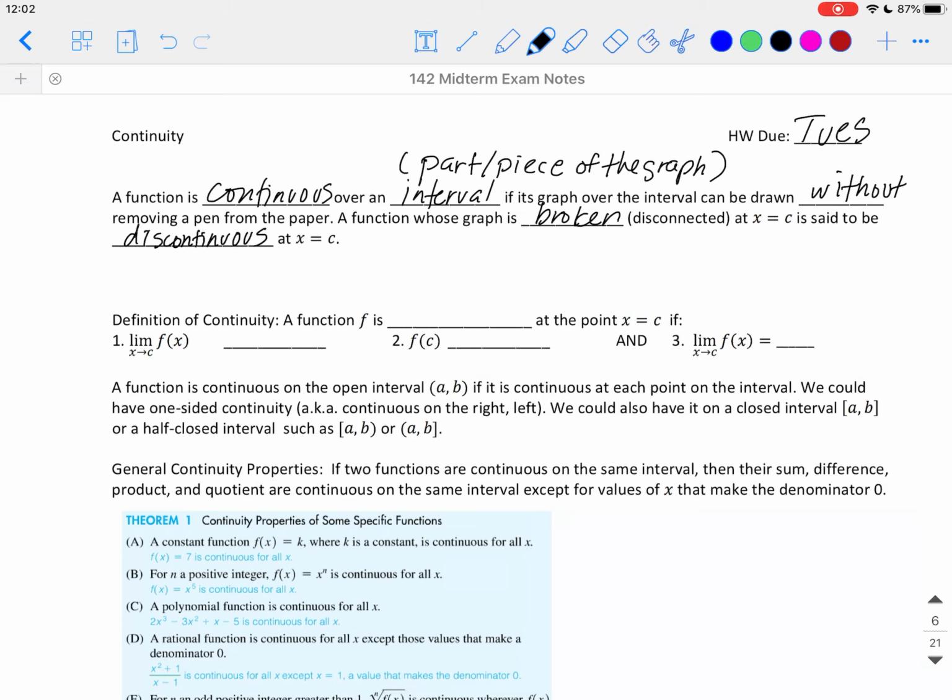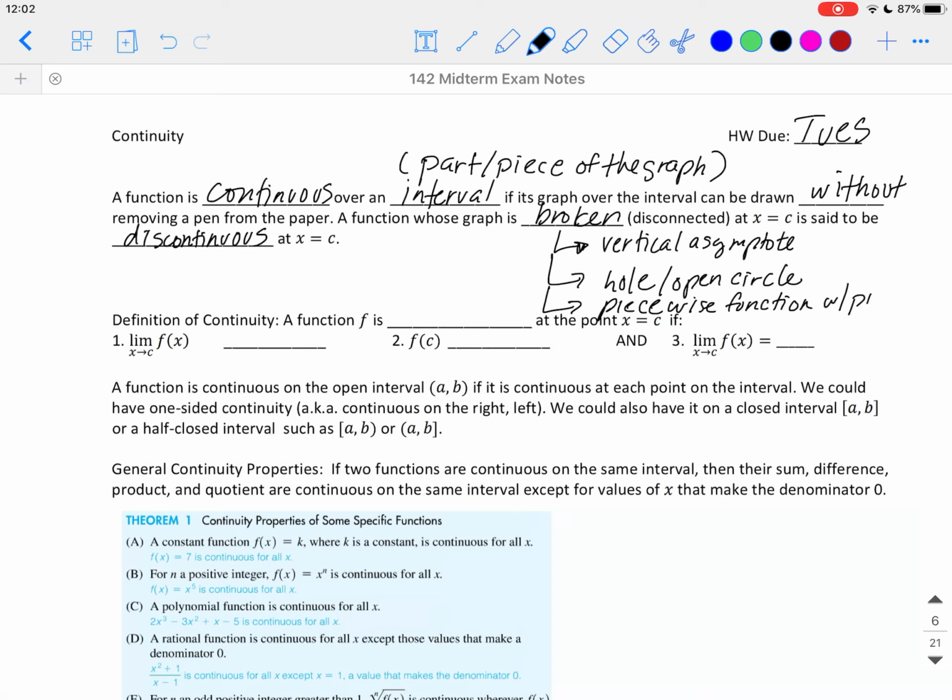So the only reason why a graph would be broken is if it has a vertical asymptote, or if it has a hole or an open circle, or if it's a piecewise function with pieces separate from each other.